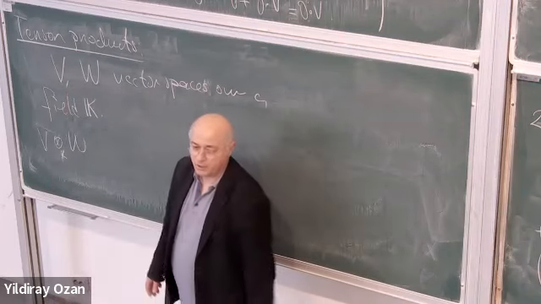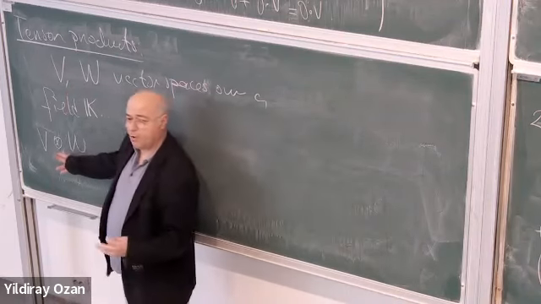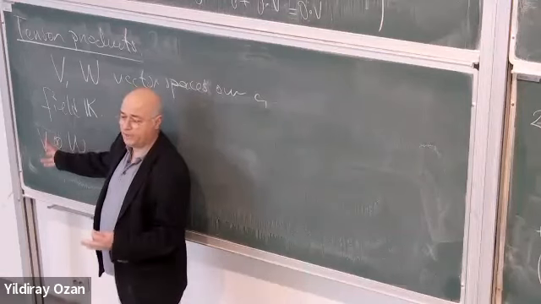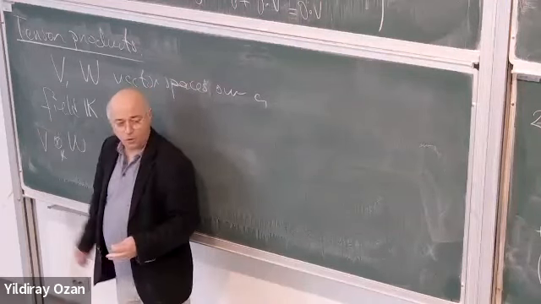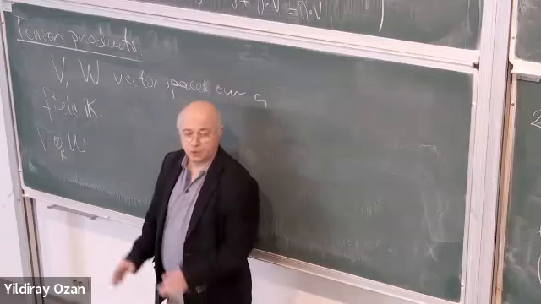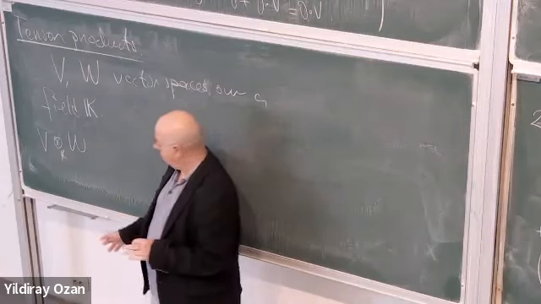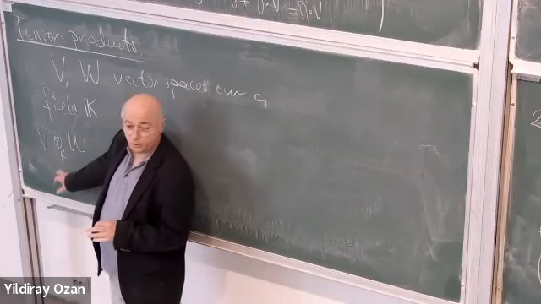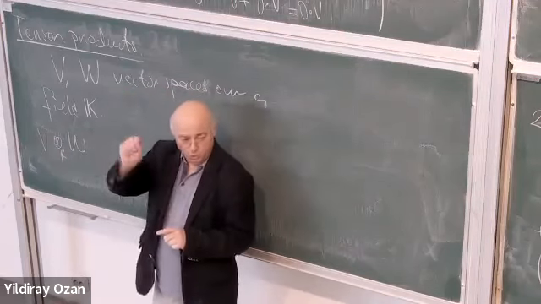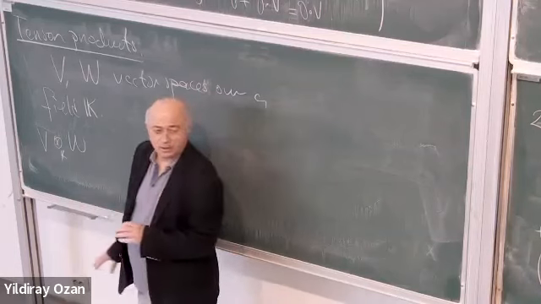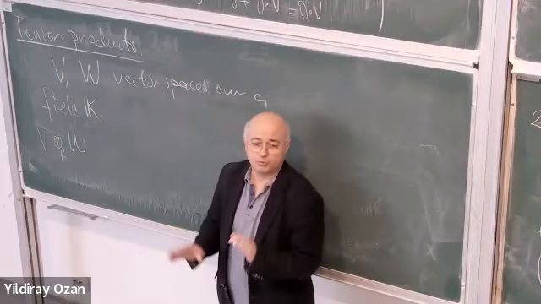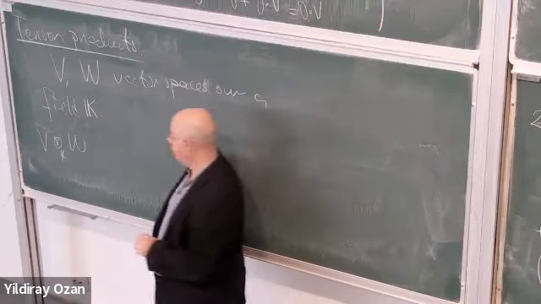But if it is already understood what the field is, then we may just omit it. Sometimes you have to be careful because it's important which field you are using. In that case, you indicate it.